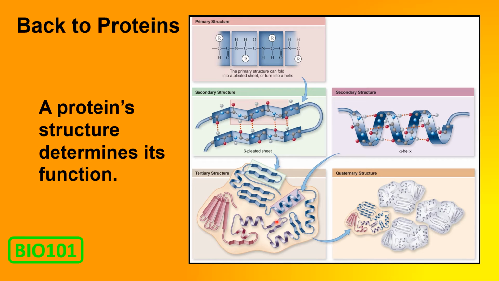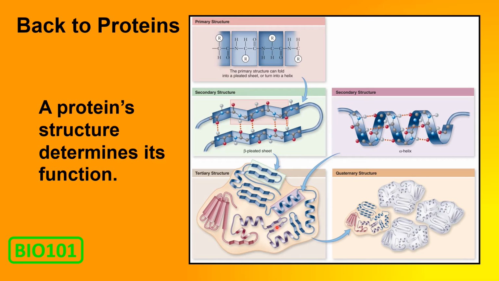The whole bottom line here is that structure determines function, okay? So now we have this globular protein, which is ultimately a big long chain of amino acids, but it's folded on itself, and in some places you have an alpha helix, some places a beta pleated sheet, but it becomes a globular system.